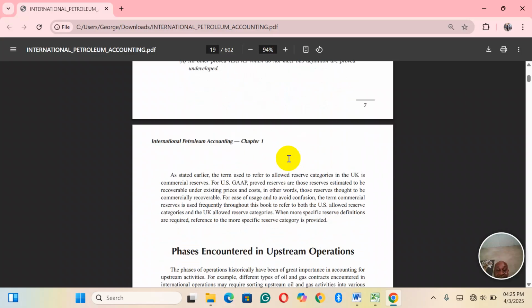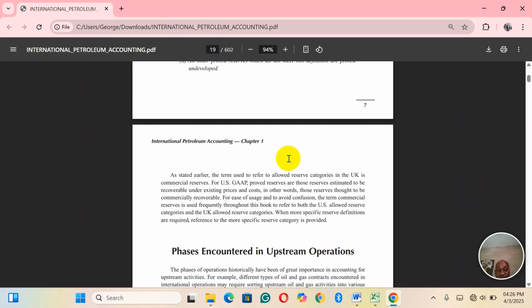As stated earlier, the term used to refer to the allowed reserve category in the UK is commercially reserved. For the US, proved reserves are those reserves estimated to be recoverable under existing price and cost. In other words, those reserves should also be commercially recoverable.